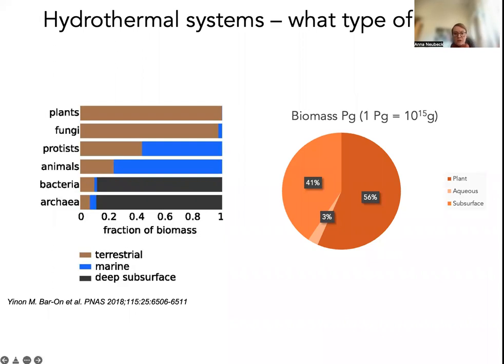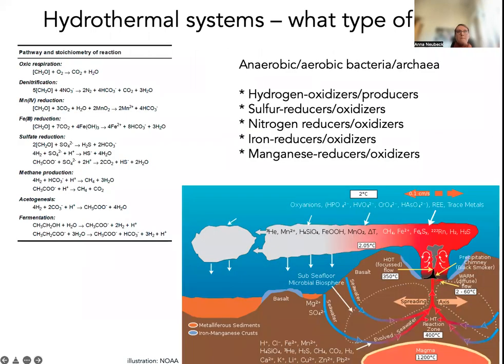And it's especially hard to identify what organisms are living in the hydrothermal vent systems. And what are they living from, these chemosynthetic microorganisms?